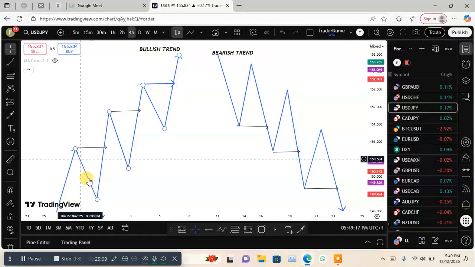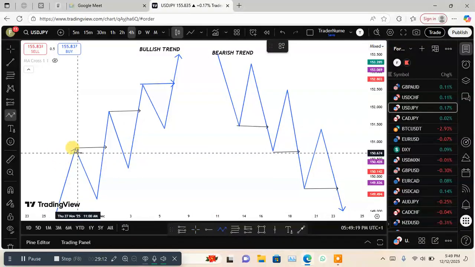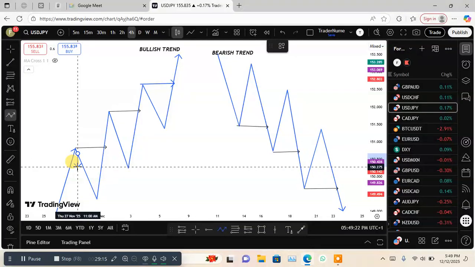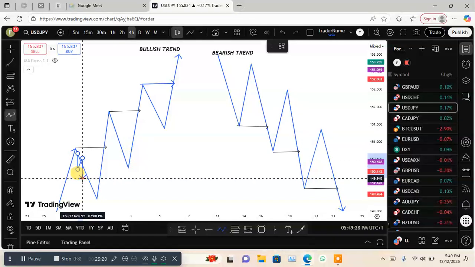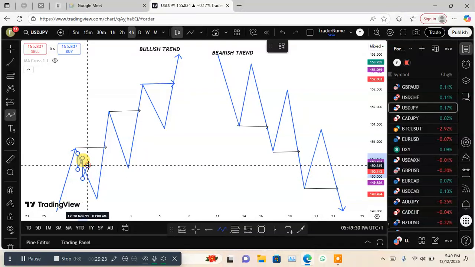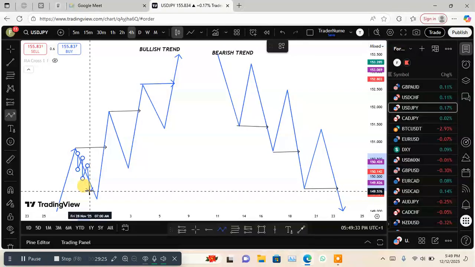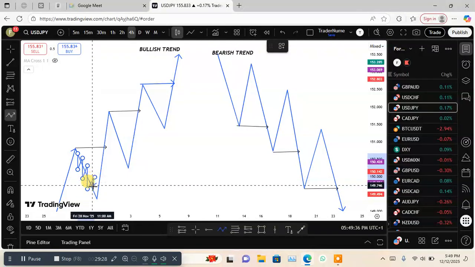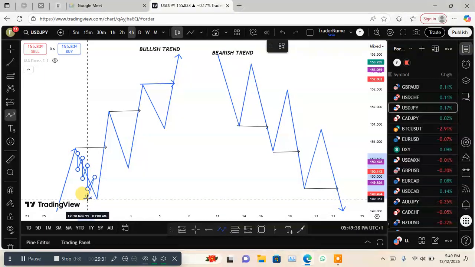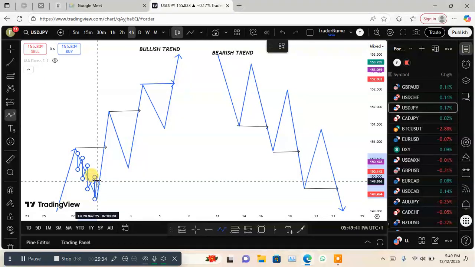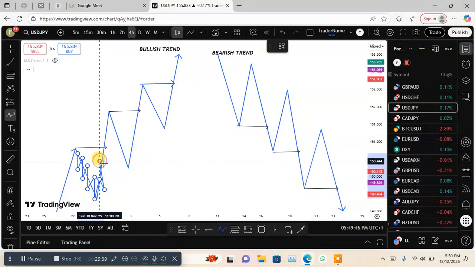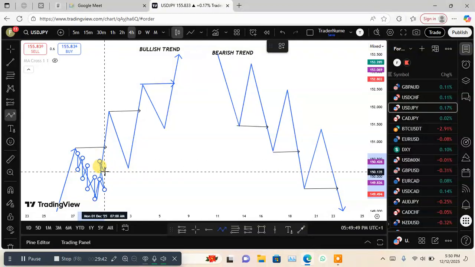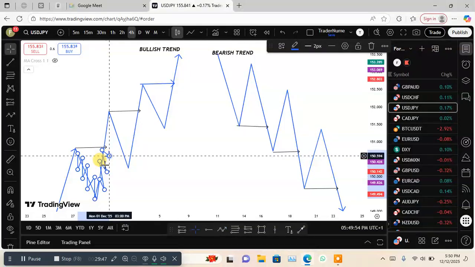Inside this major trend we will still be seeing something like lower low, lower high, lower low, lower high, something like this. The minor trend will be inside the major trend, so don't get confused. You see the minor trend clearly when you go to the smaller time frame, right? So this is how it is.